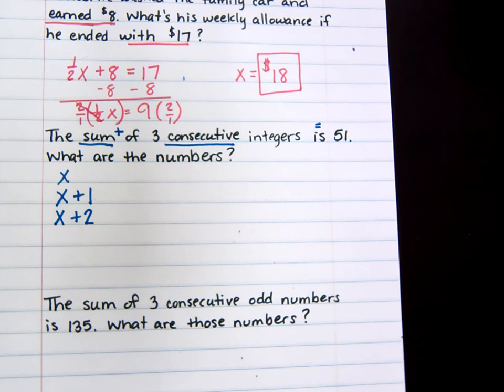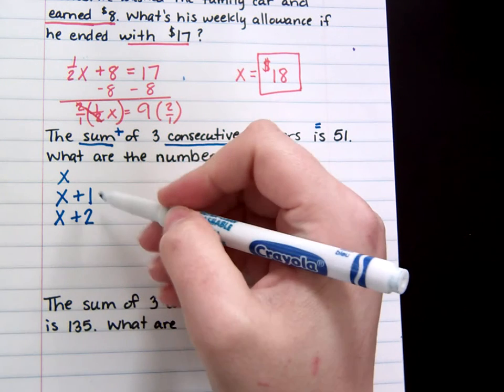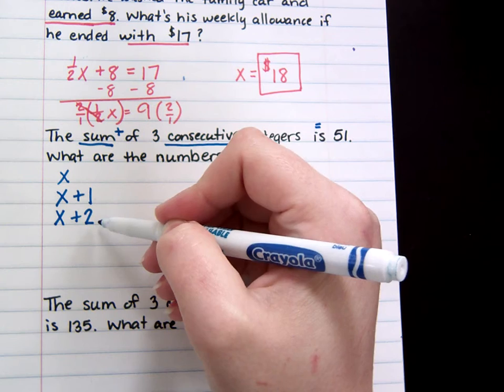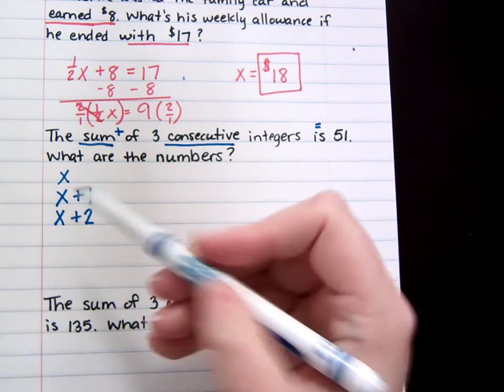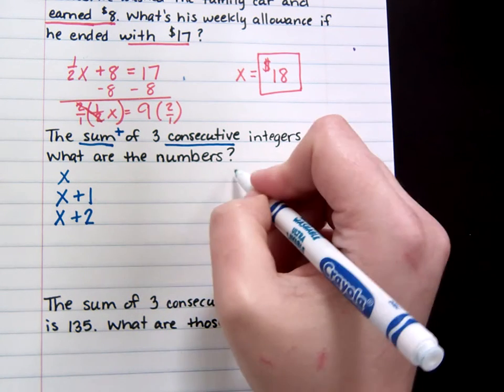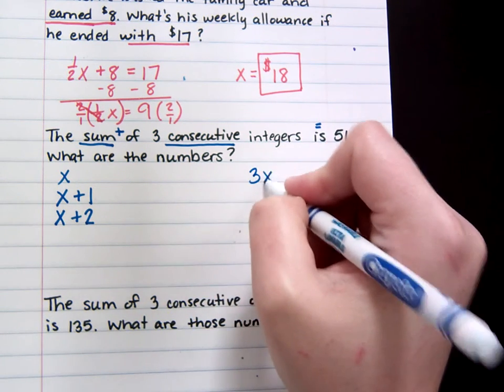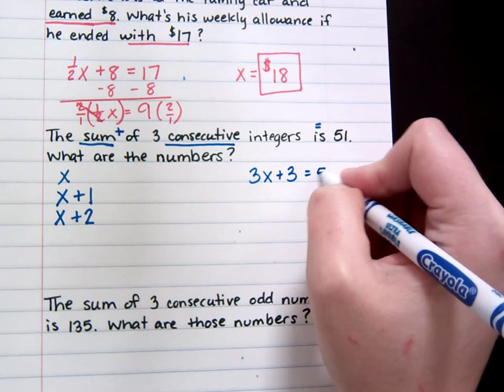Now, we know that when we add these three numbers, x, x plus 1, and x plus 2, it's going to equal 51. So let's add these three. Combine like terms. x plus x gives us 3x. 1 plus 2 gives us 3, and it's equal to 51.